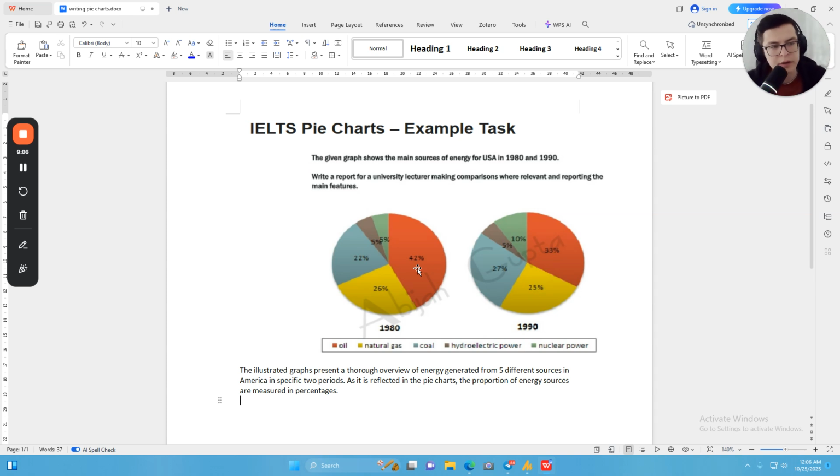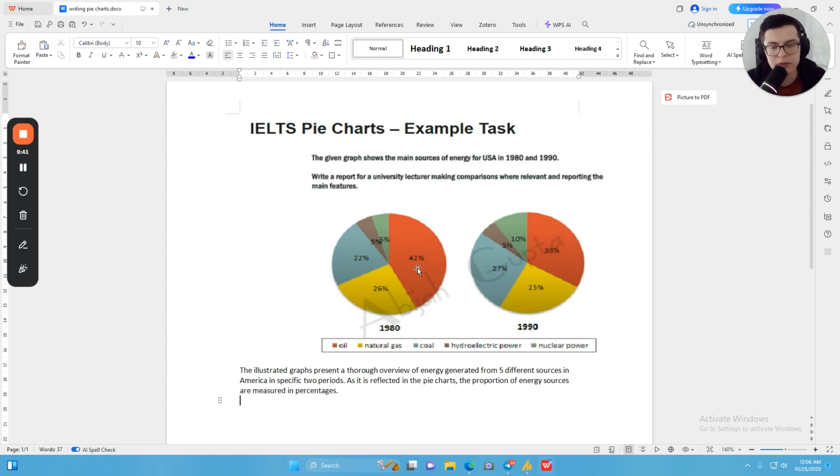So in an overview paragraph, you can write basically anything that stands out from other sources or other categories, whatever you are given. For example, if you are given to write about the production of, let's say, chocolate, the proportion of chocolate in different countries, let's say America, United Kingdom, and Brazil, where you can see different percentages.